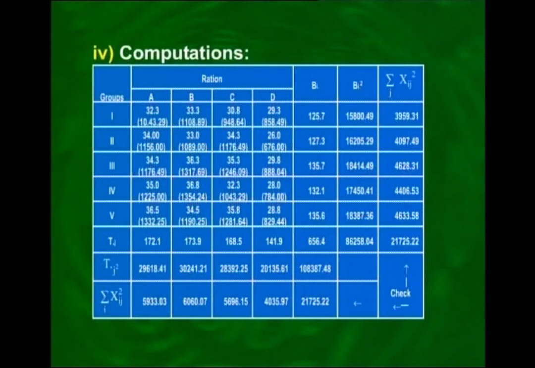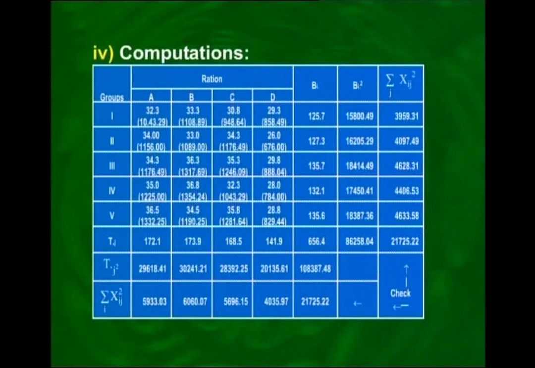The fourth step is the computation of the test statistics, and for this purpose we have to carry out quite a lengthy computation. The numbers that are in the brackets inside the body of the table, they represent the squares of the various values that we have in our data set.